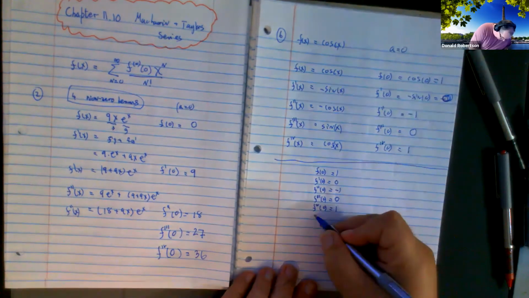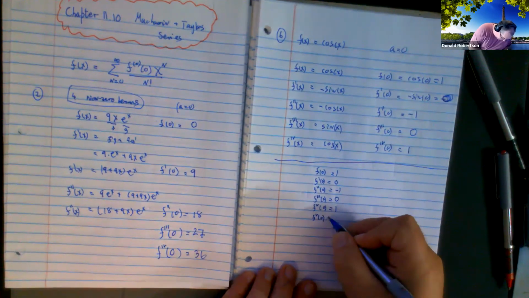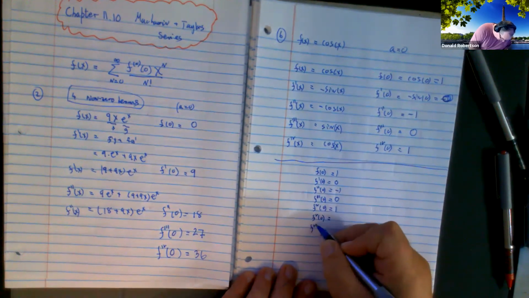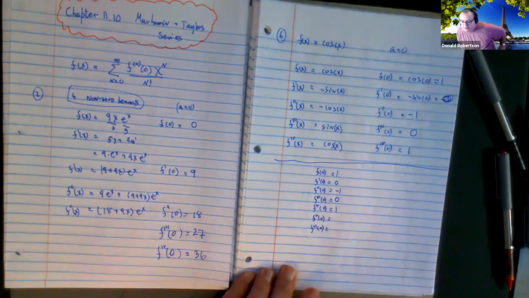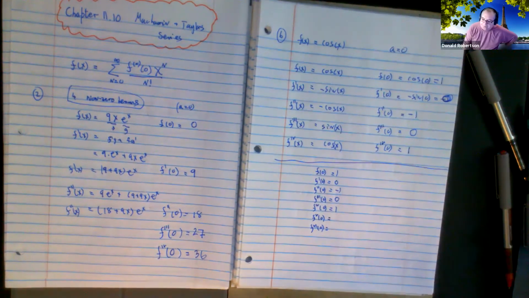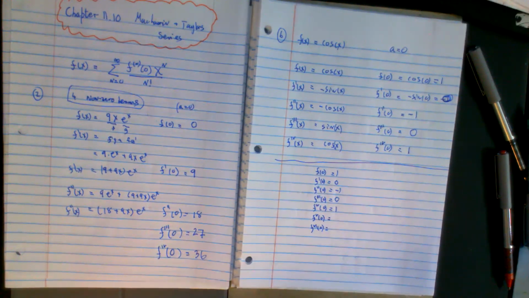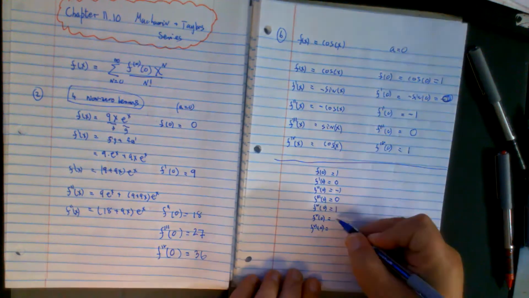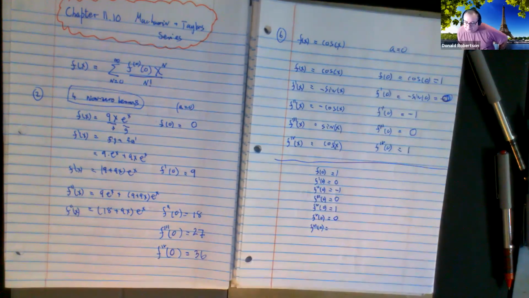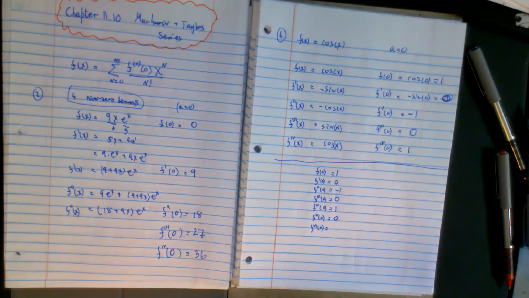What do you think the 5th derivative at 0 is going to be, and what do you think the 6th derivative at 0 is going to be? Just basically looking for patterns. The 5th derivative is 0. And the 6th derivative is -1.